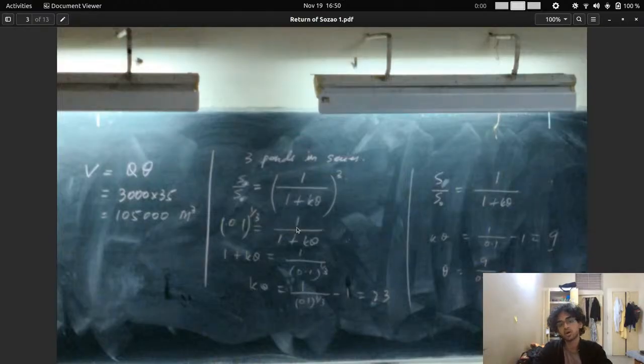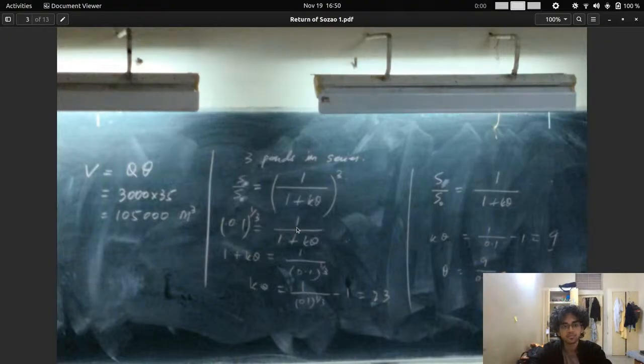So S1 by S naught is 1 on 1 plus K theta. S2 on S1 is 1 on 1 plus K theta, so we multiply both of them. For any n bonds in series, S of n by S naught is going to be 1 on (1 plus K theta) raised to power n.